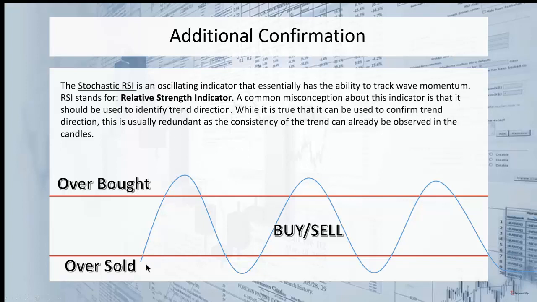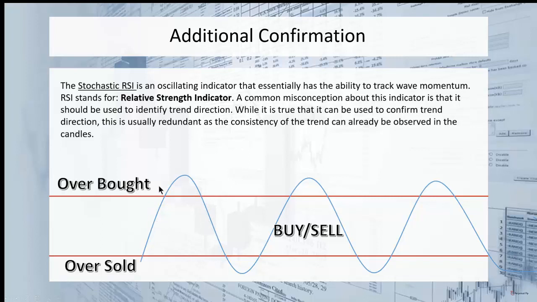So as of right now, who is pushing in what direction? When the bulls are pushing the market upward, you're going to see an accompanying move in the bullish direction. When the bears are pushing the market downward, you're going to see an accompanying wave in the bearish direction.